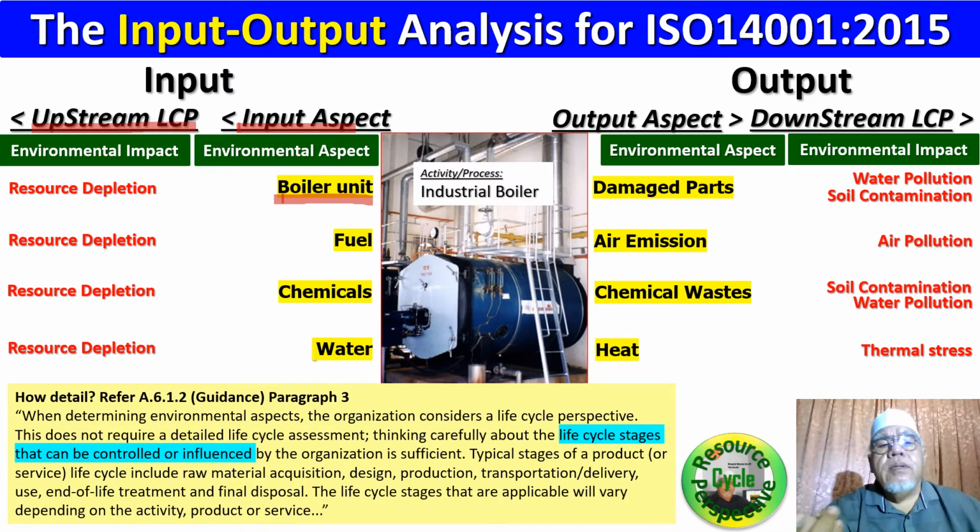In order to build a boiler unit, we have got to have components to be assembled together: the body of the boiler, for instance, the fire tubes, many components, the pressure gauge, the pipes, special materials, all of which are made from metals.